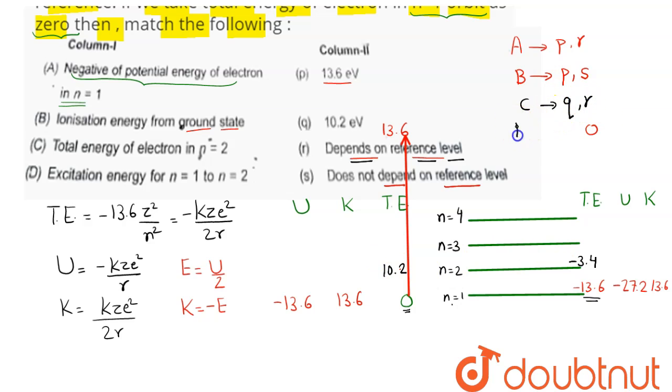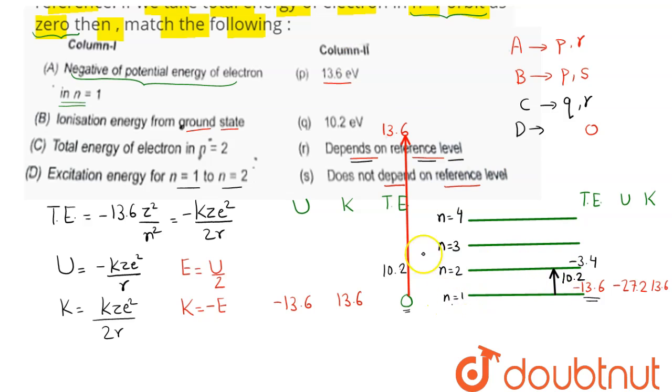Now coming to D, it says excitation energy for n equal to 1 to n equal to 2. When the reference level was at infinity, this excitation energy had a value of 10.2 electron volt.